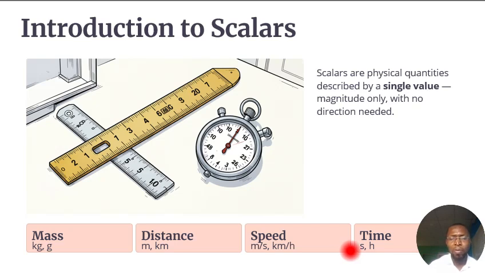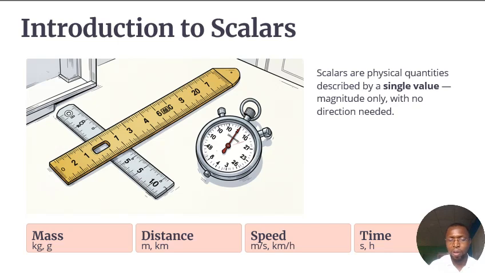So there are many of them. We have power, we have work. So there are many of them where you're only interested in the value, one value, the size. You are not interested in the direction. So such quantities are referred to as scalars, or simply put, scalar quantities. All right.